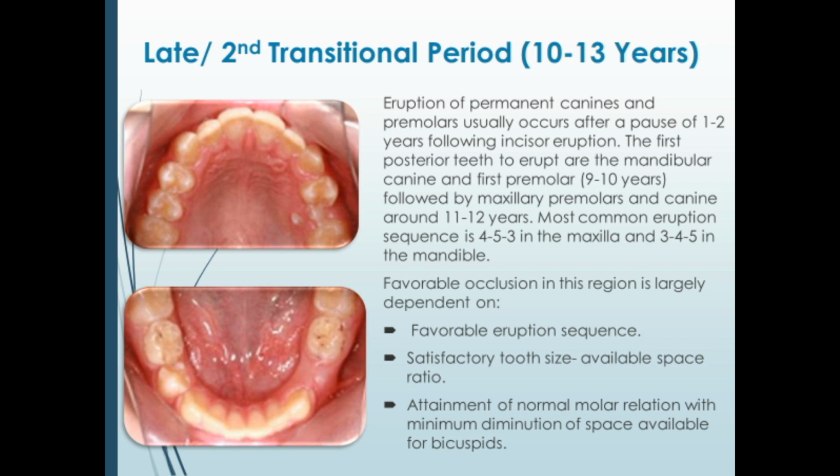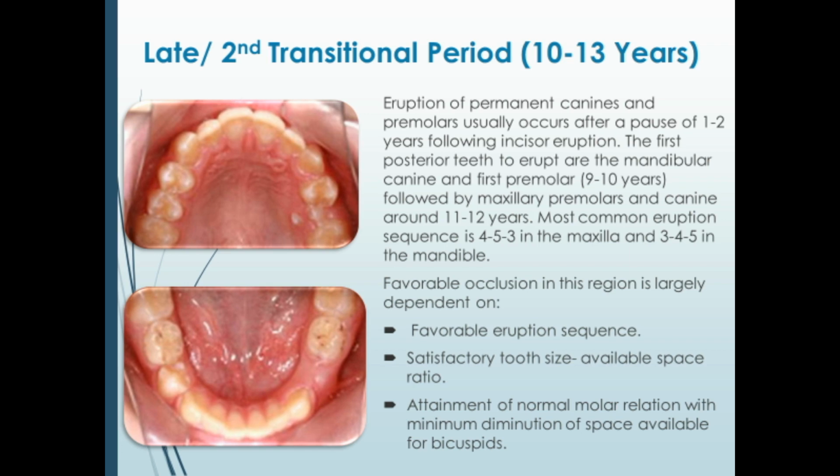Mandibular canines erupt following the eruption of the incisors at around 10 years, while the maxillary canines usually erupt after the eruption of one or both the premolars at around 12-13 years. Eruption of the premolars: the important portion of the dental arch in the development of occlusion is the premolar segment.